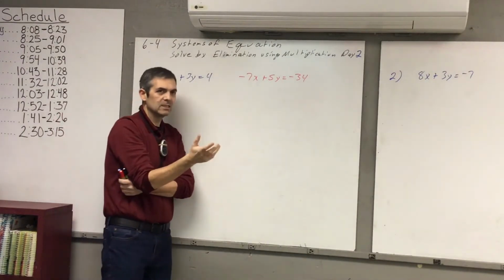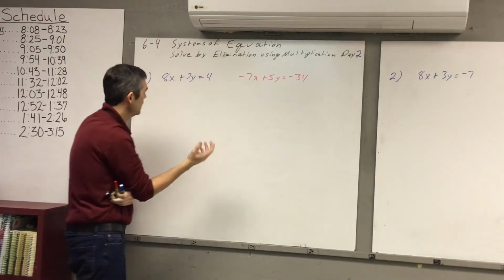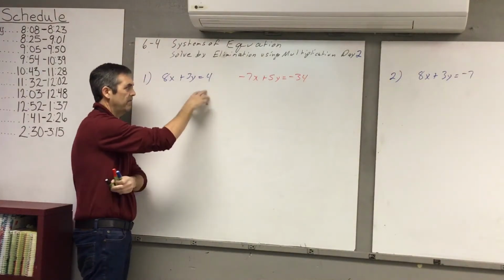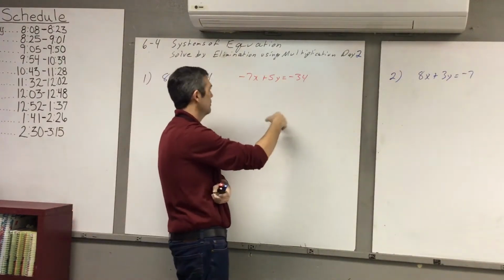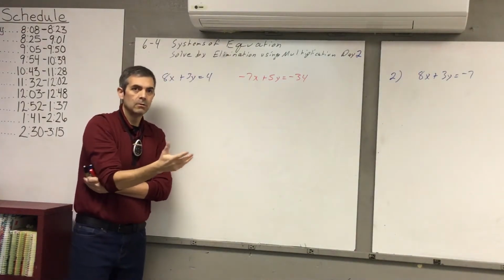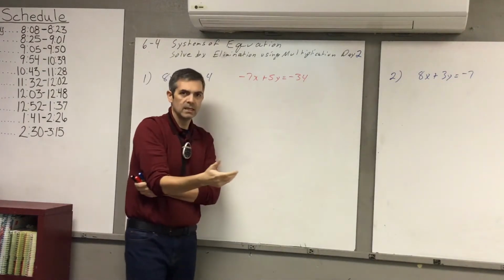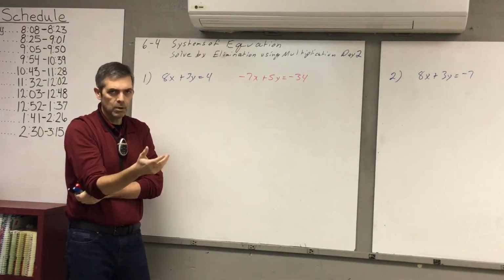So that's what you're looking at, and then you've got to make a decision. Which one's easier to get rid of? I think multiplying this one by 5 and this one by a negative 3 is going to be easier to eliminate the y's than the x's. It's going to be a cleaner problem for me.